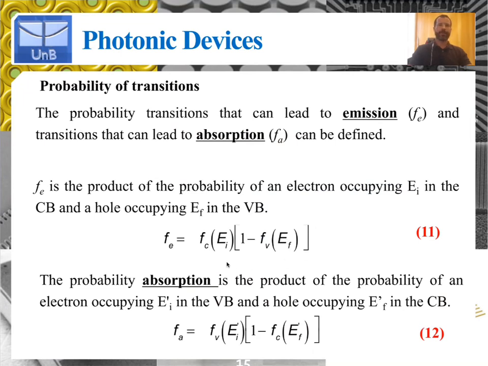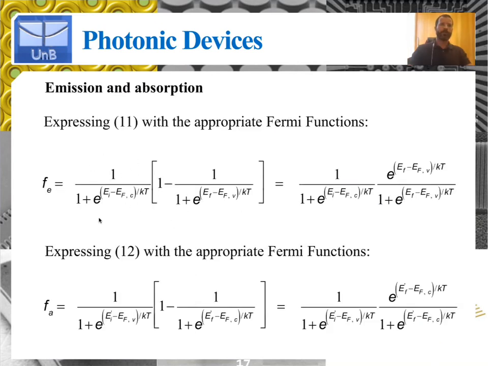Okay, so the probability will be the product of these two things. And if we write these down, we have the expressions for the Fermi function. We can just substitute here. So you have Fc of EI times 1 minus Fv of EF, and this is written explicitly right here, right? So the probability of transition associated with emission is going to be Fc of EI.